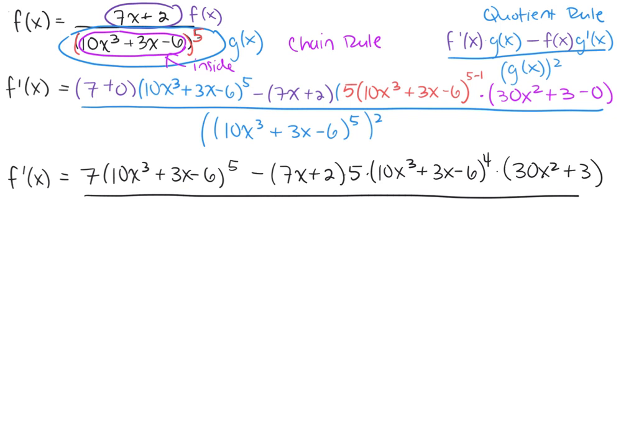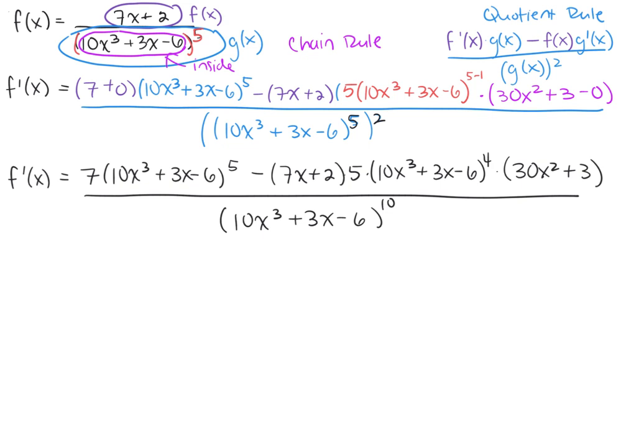And if you recall here, anytime I have a power raised to another power, I can just multiply those together. So in the denominator, I've got 10x to the third plus 3x minus 6 raised to the 10th power.